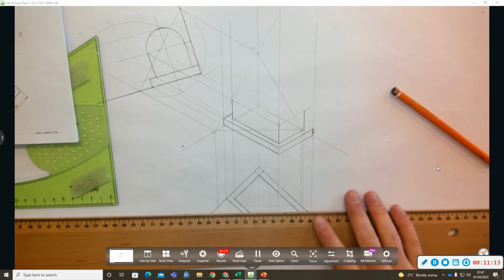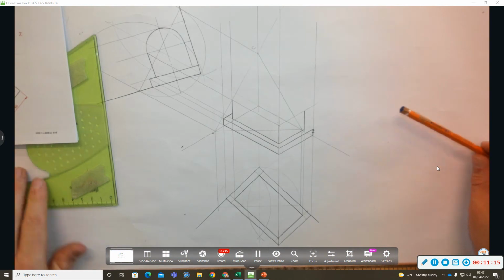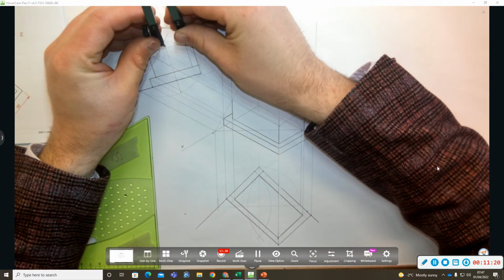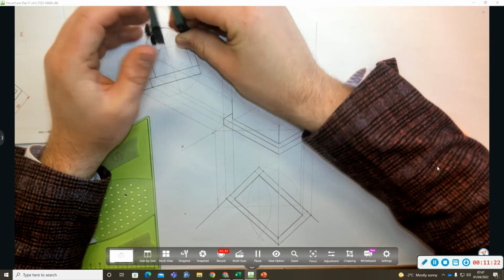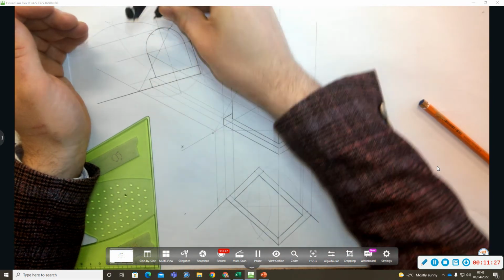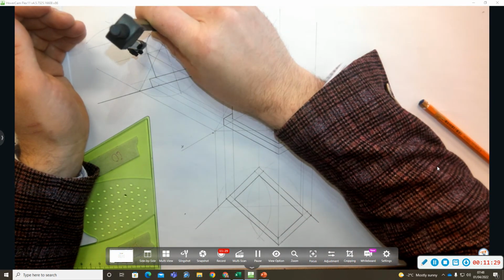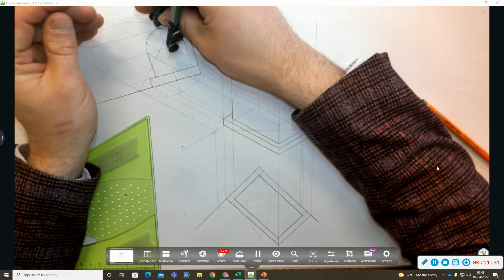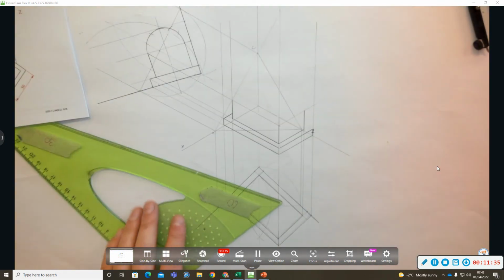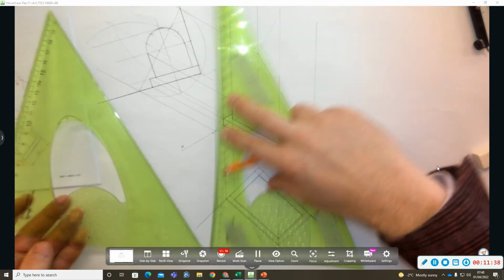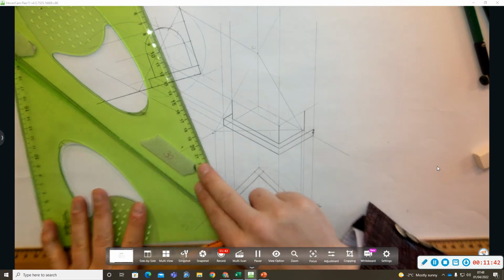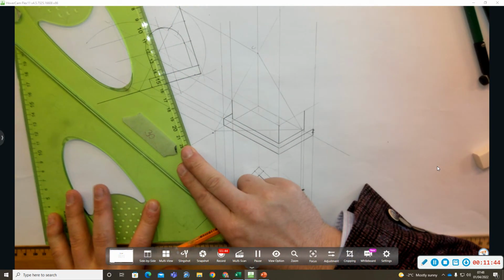Okay, and now we're ready to do the curved, circular portion. So we can divide our curve into 60-30. Okay. So I set the compass to the radius there, and then I can drop these points down onto the edge of the horizontal plane. So I'm going to take the widths.